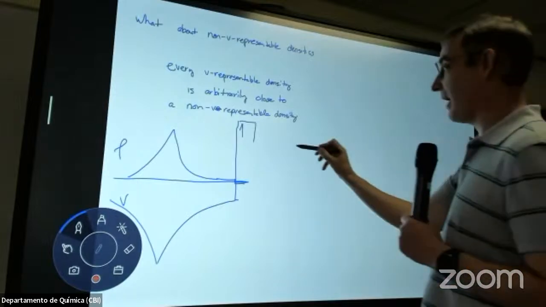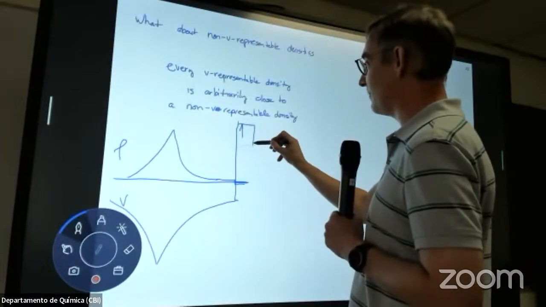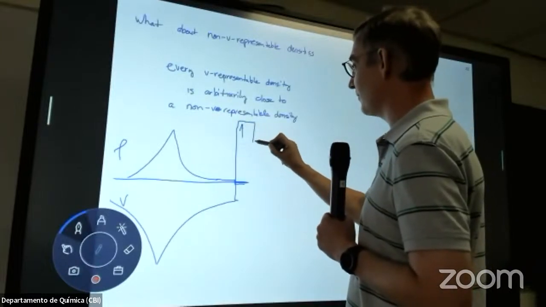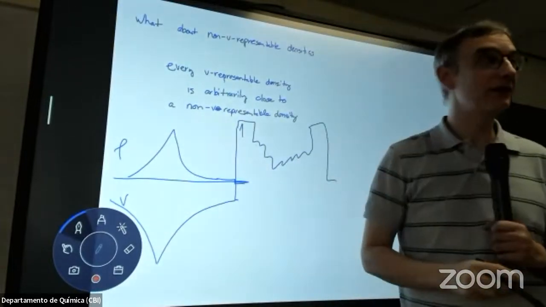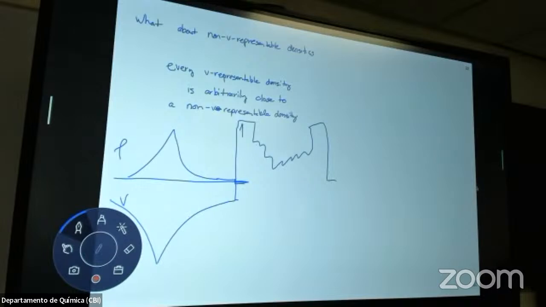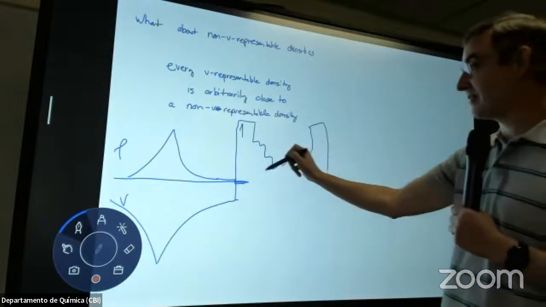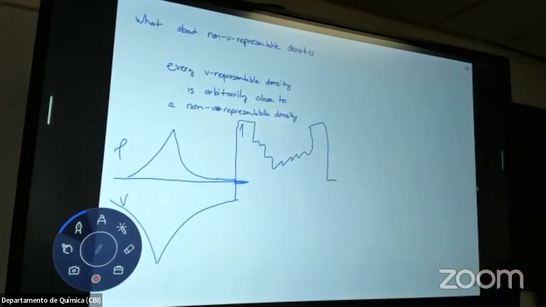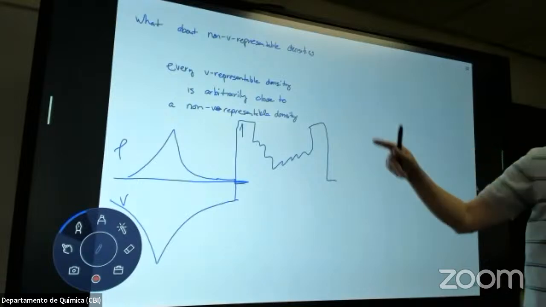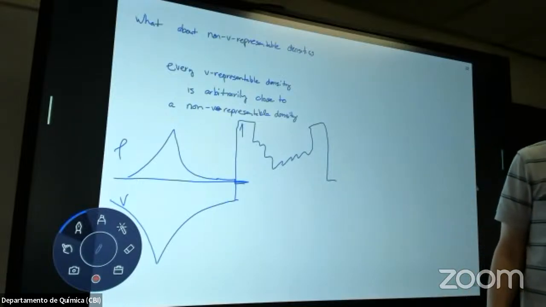But then after I have that barrier to keep it out of the region, I can do whatever I want over here, right? And all of them will have the same ground state density, as long as the ground state of this system is higher than the ground state of that system, it will never occupy it. So this is why it's not V representable. That means the max is not unique. There are many V's that go with that. That tells you you get a supremum, but you get no maximum. You fall outside the space of potentials. This potential isn't allowed in the variational procedure, right?